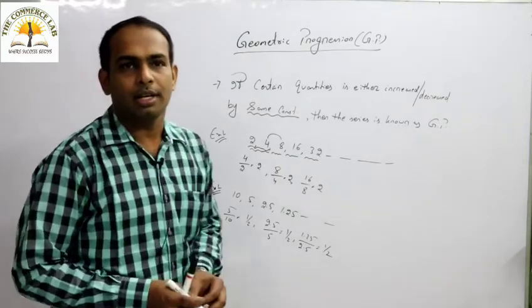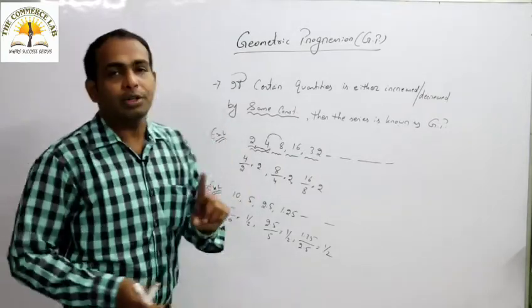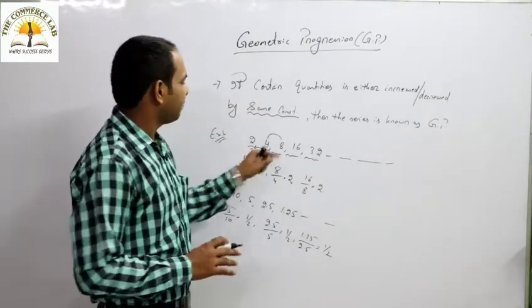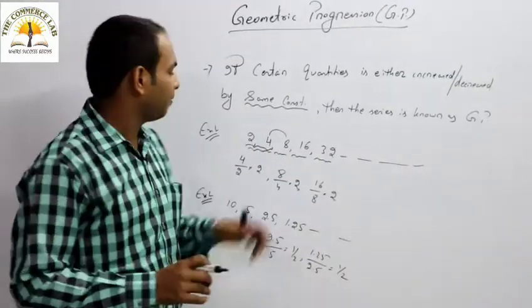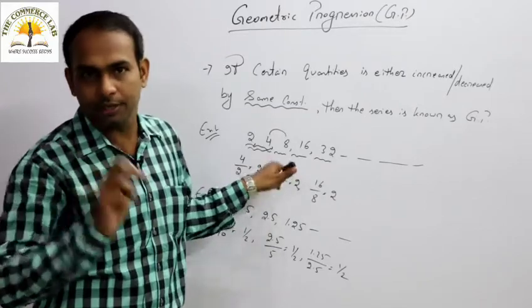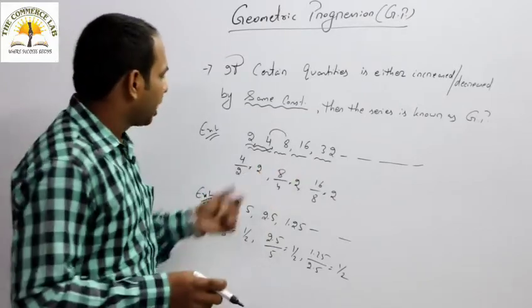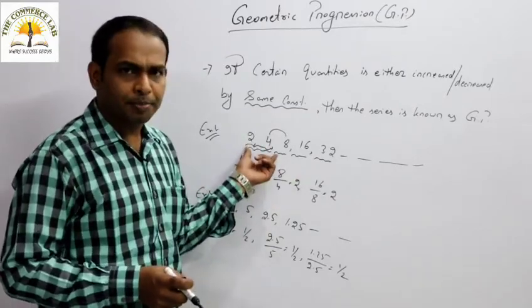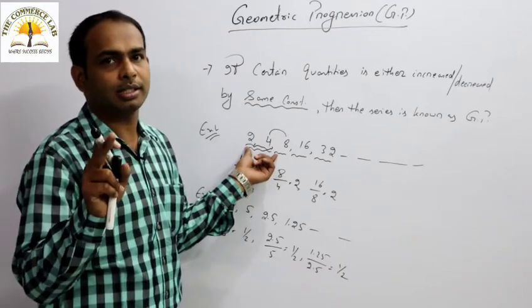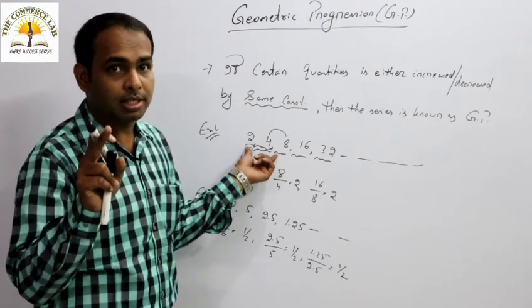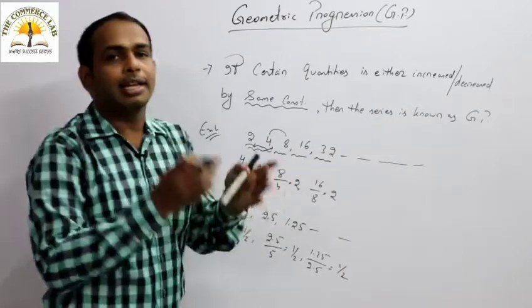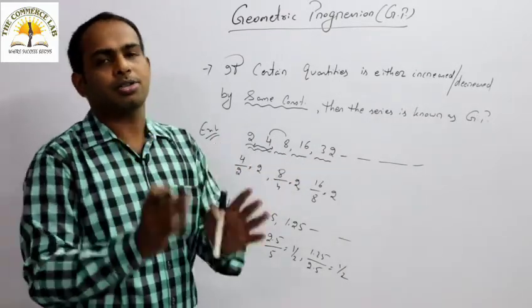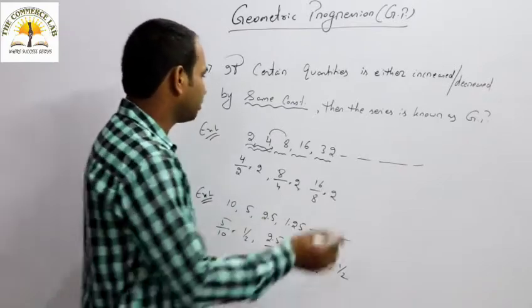One point you must remember: if a series is in GP, and we multiply or divide it by a non-zero number, then the new series is also in GP. Let's find out.